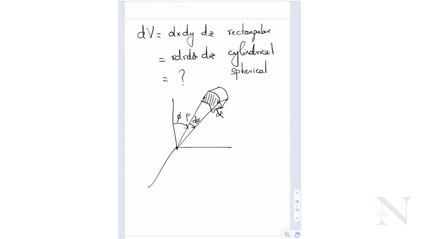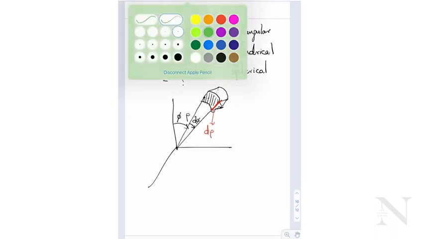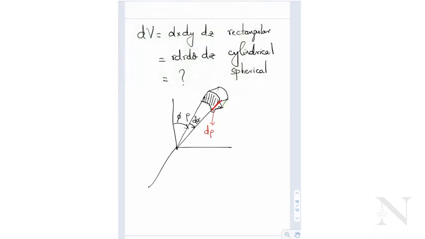So d rho is, let me use different colors now, d rho is this red thing. We have two more things here: there is this side, and also there is the blue side.